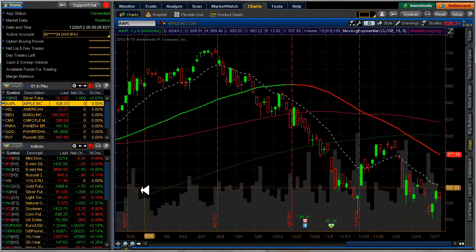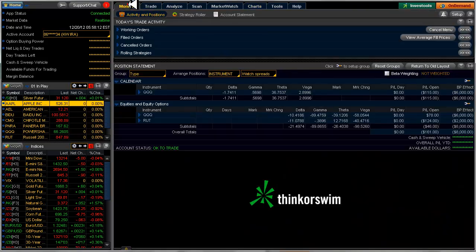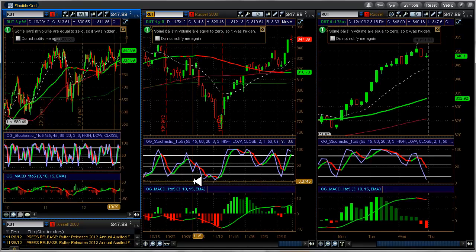Well, it was an interesting day yesterday. Sometimes they call it a correction, but maybe it's a trend. Maybe it's a change in the trend. And it's interesting because yesterday we were talking about the RUT, and I just want to take a look at the RUT right quick here.